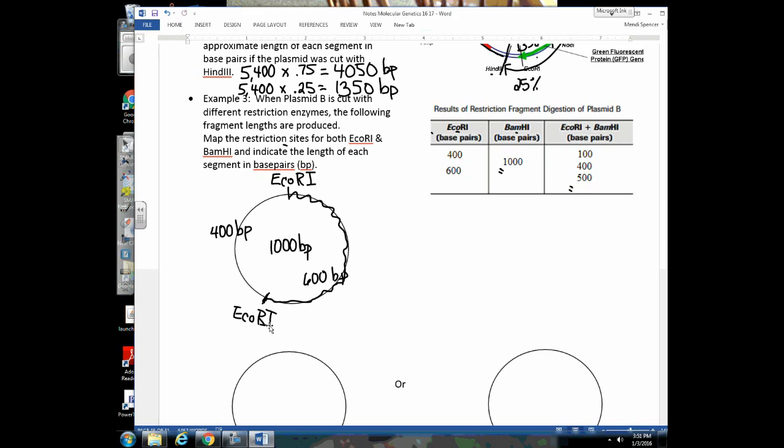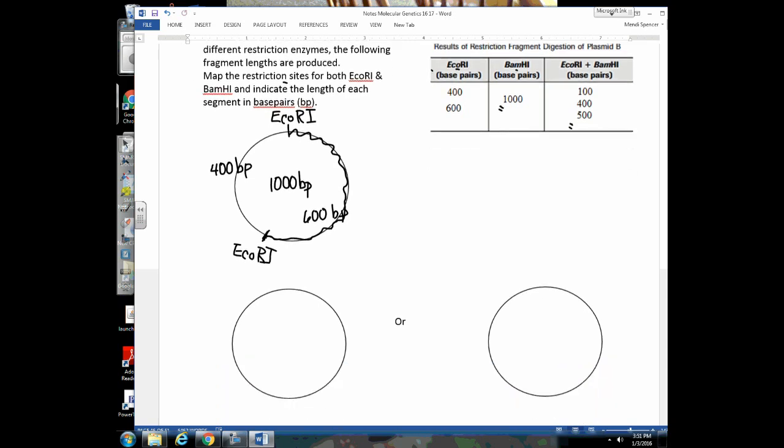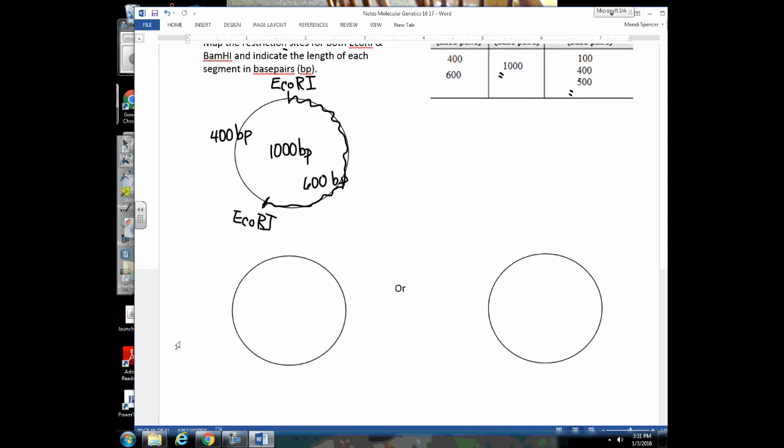So now we have to figure out where BamHI cuts. And I can tell that BamHI only cuts in one spot. There's only one restriction site. So I'm just going to add this information down here. So we know that this was a restriction site for EcoRI and here as well. So put EcoRI. And let's figure out where BamHI is cutting. Now you have to look at this third column to figure out where BamHI is cutting. If you notice, I have a segment here that is 400.